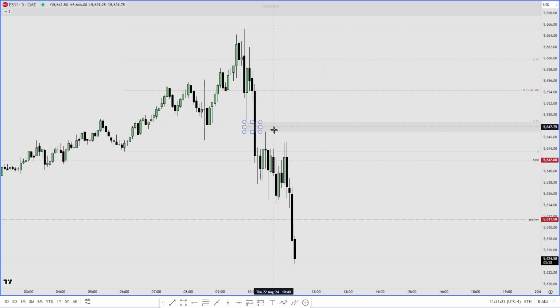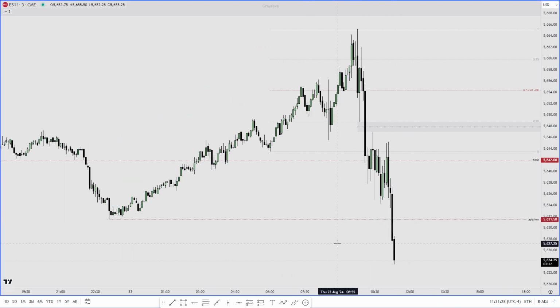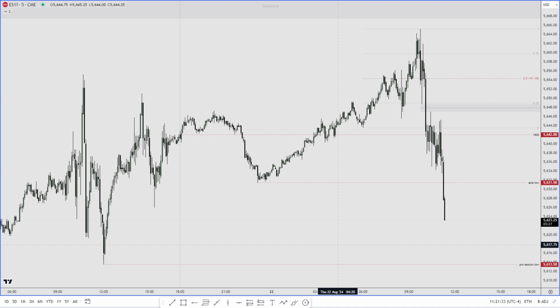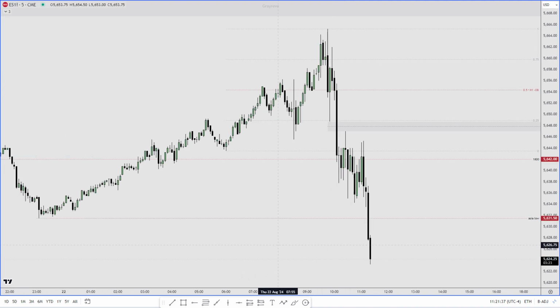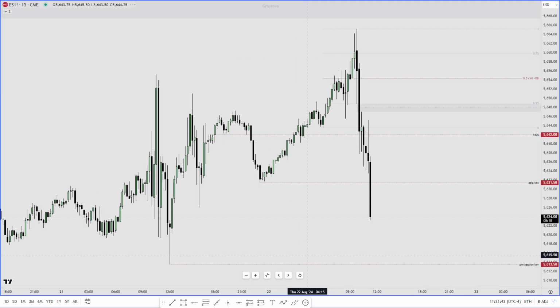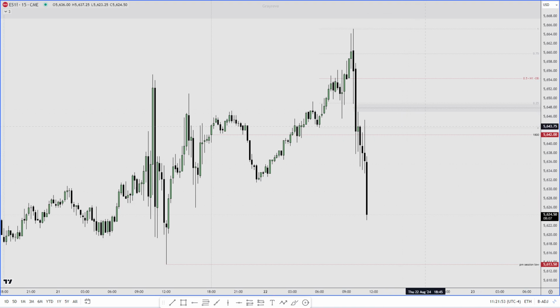The 5 minutes fair value gap was all it needs to send the price lower. I'm gonna remove this, taking out the objective.